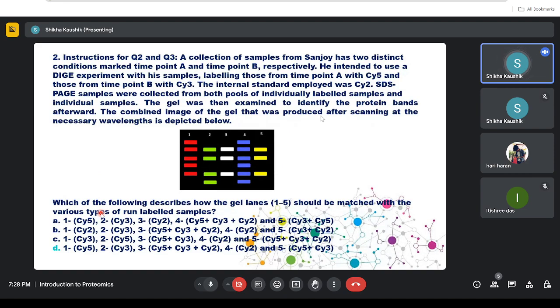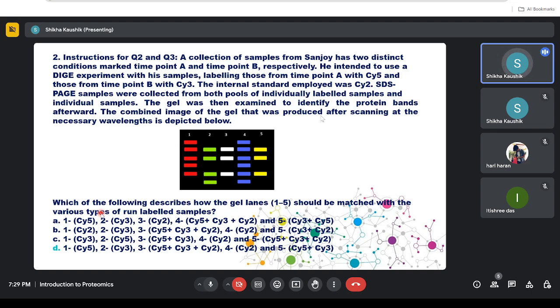So there are two questions associated with this particular picture. It says a collection of samples from Sanjoy has two distinct conditions, marked time point A and time point B. He intended to use a DIGE experiment with his samples, labeling those from time point A with Cy5 and those from time point B with Cy3.